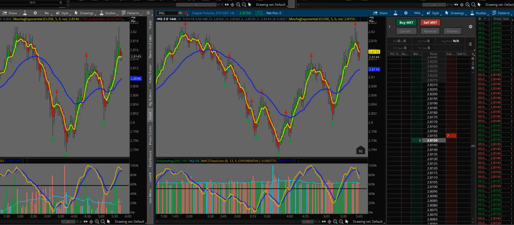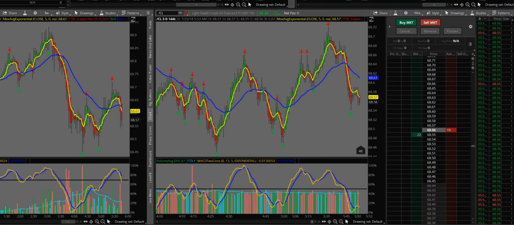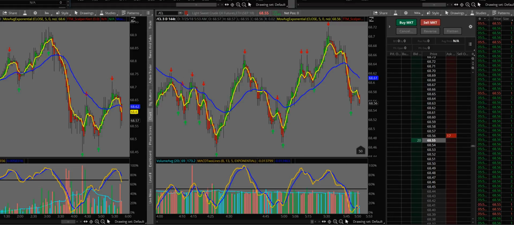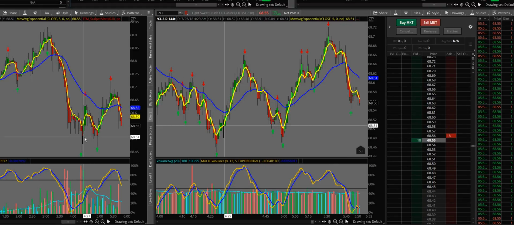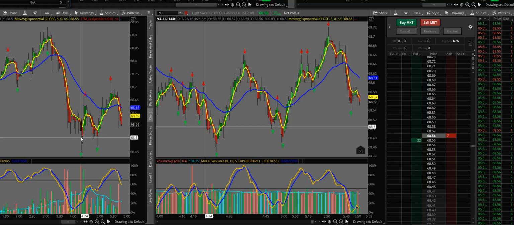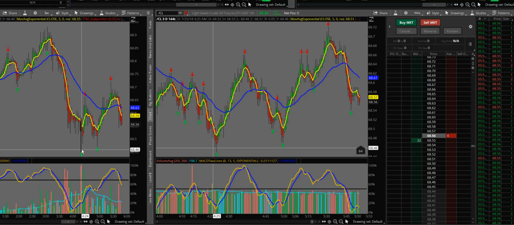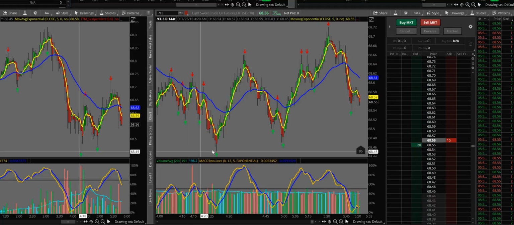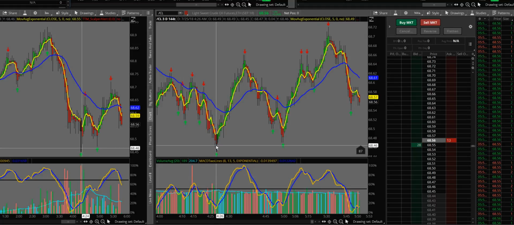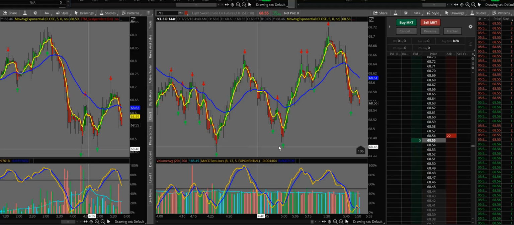Let's bring up something like oil real quick. So here's an example. It was really low over here. I've got that same bounce. You can see on the 3-minute you don't get as much move, but over here it was a 20 tick move.